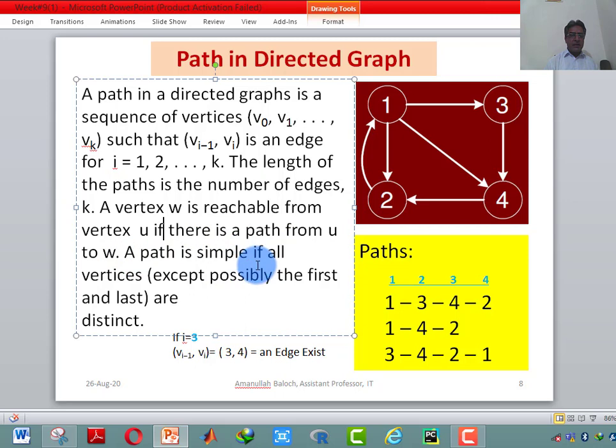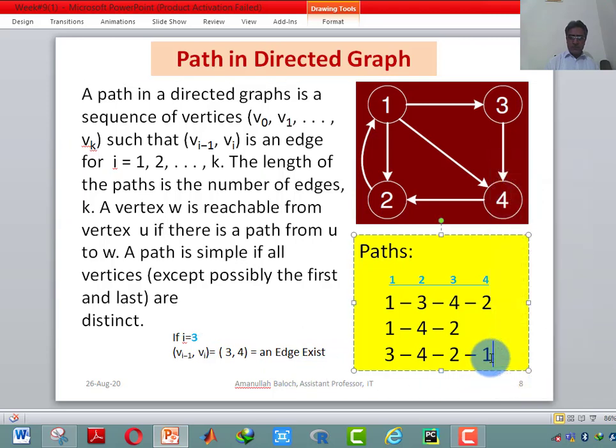A path is simple if all vertices except possibly the first and the last are distinct. If the first and last are distinct, such a path is called a simple path. If the first and last are the same, then it is called a cycle. Let's go from 1 to 2 and 2 to 1.